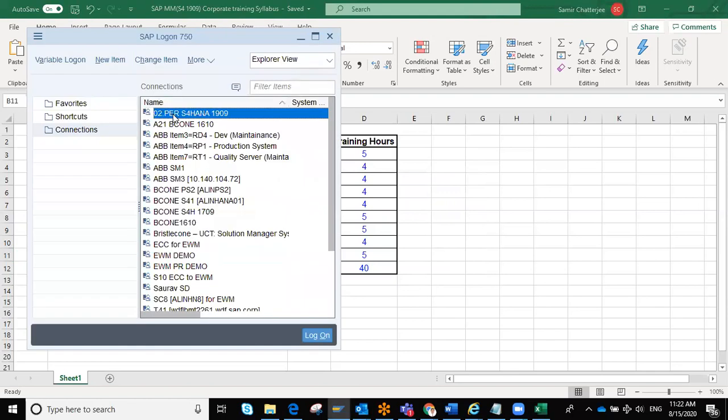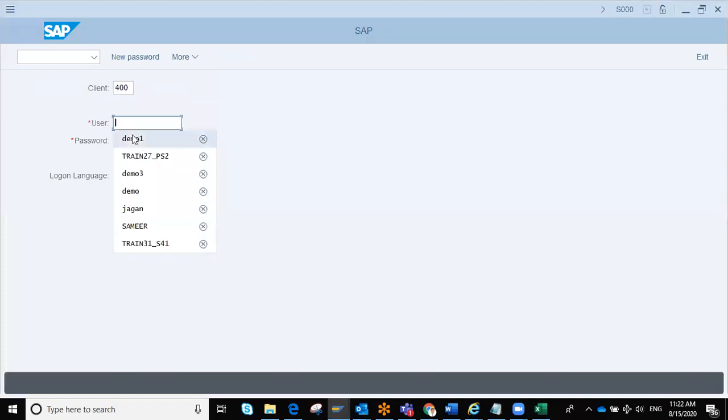It is the 1909 S/4HANA. It is a demo system. It has sufficient data for our practice. So we won't need to do the configuration, customizing or master data creation steps as an integral part of a fresh system, but it is not a fresh system.